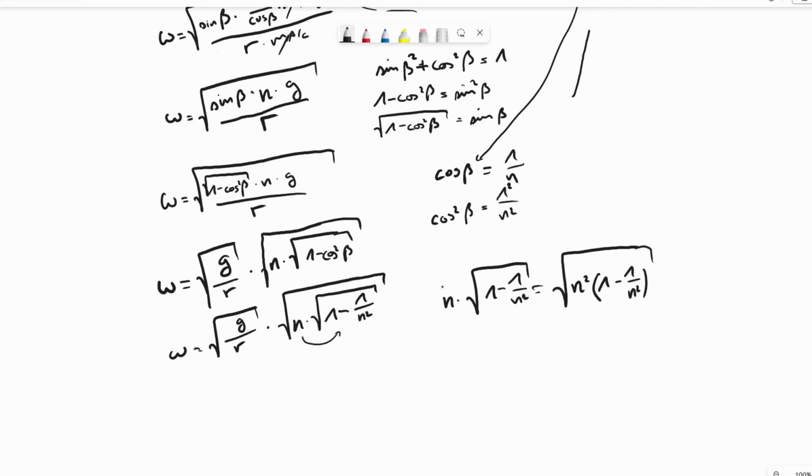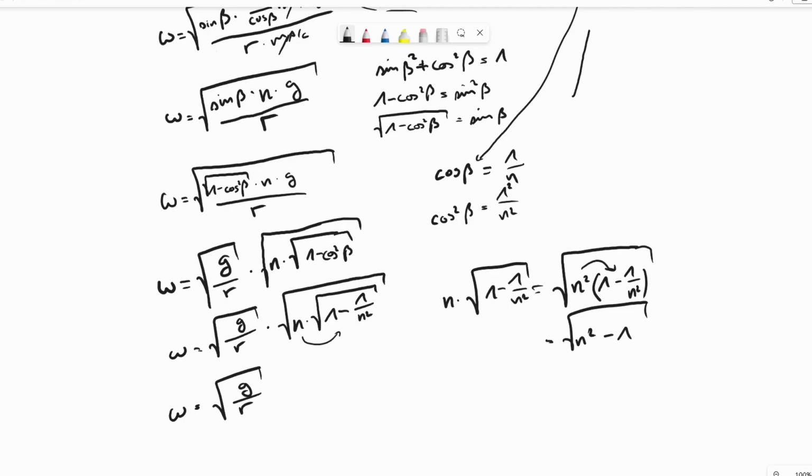Okay, the reason why we are doing this becomes apparent. Now we multiply it into the brackets, and then we are left with n squared minus 1. Much simpler.